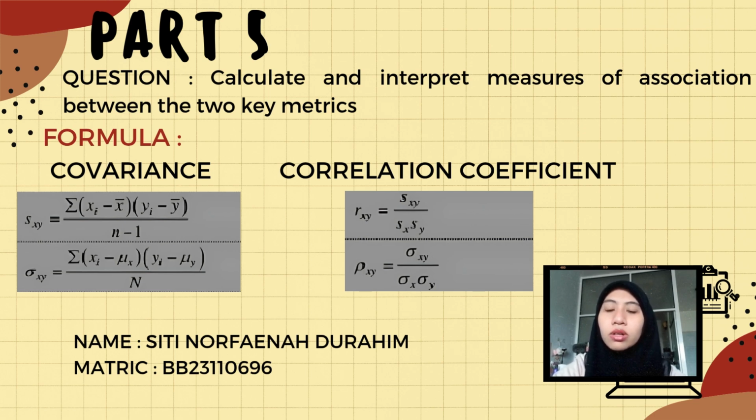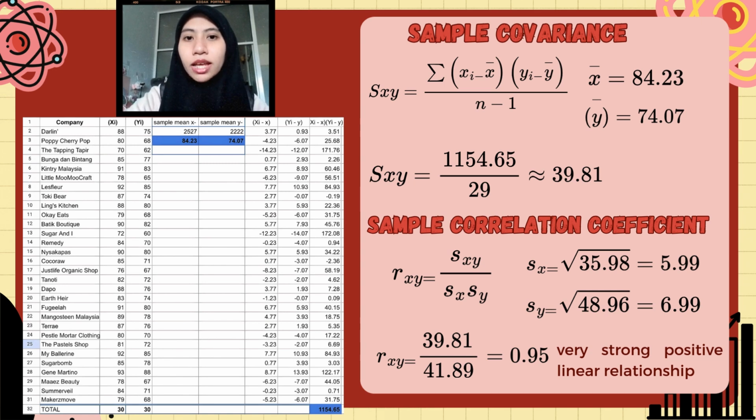There are two kinds of covariance and correlation formula. The top one is for the sample formula, meanwhile the bottom one is for the population formula. But in our case, we use the sample formula to analyze sample data for 30 companies. We started by calculating the sample covariance, which came out to be 39.81.